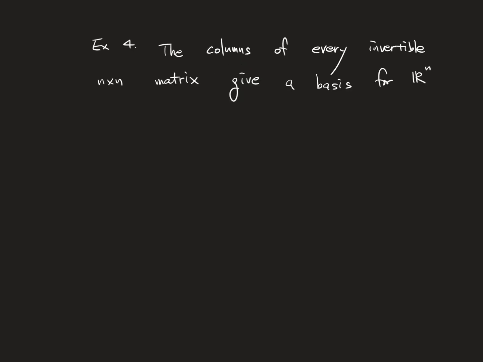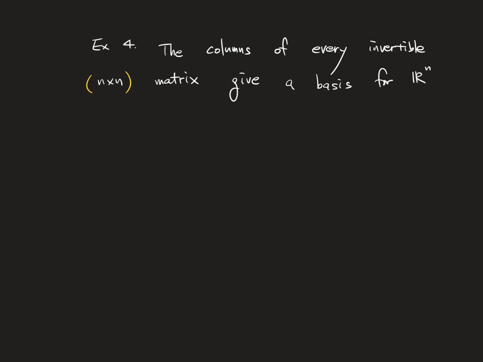And every invertible n by n square matrix, because invertible matrices are always square, so this n by n is not necessary. But anyway, every invertible matrix's columns give a basis for Rn.